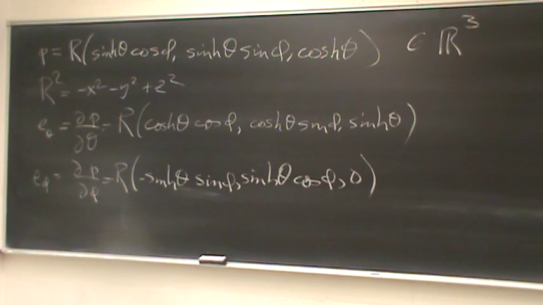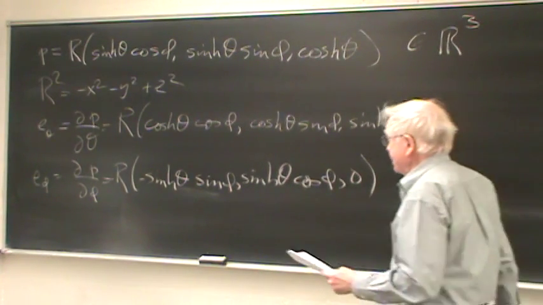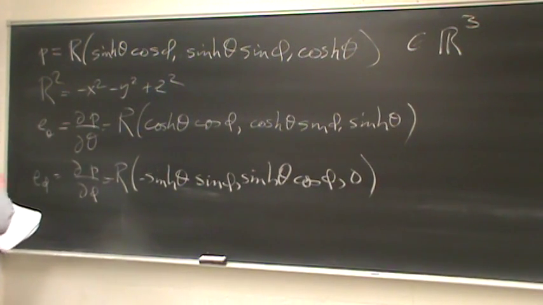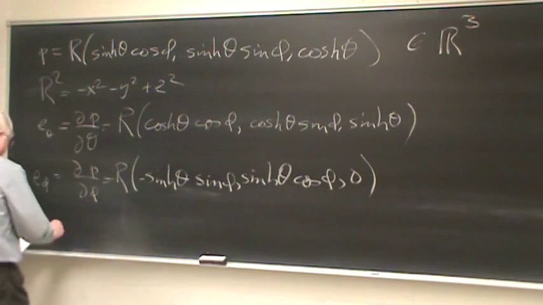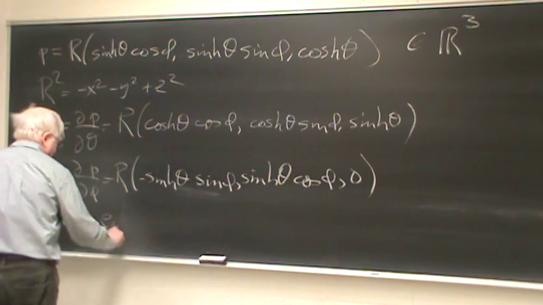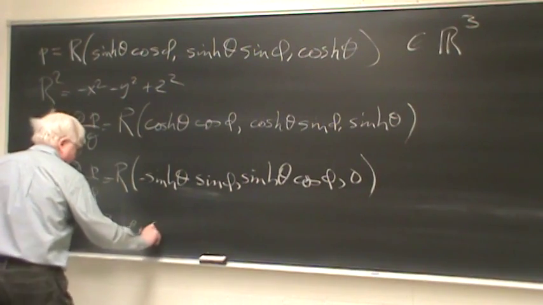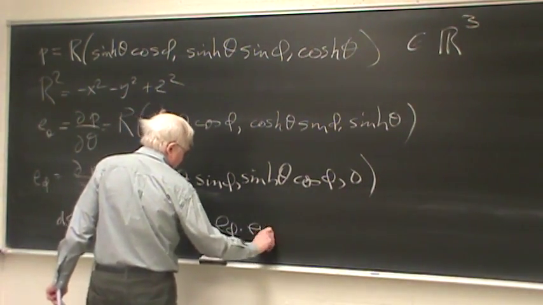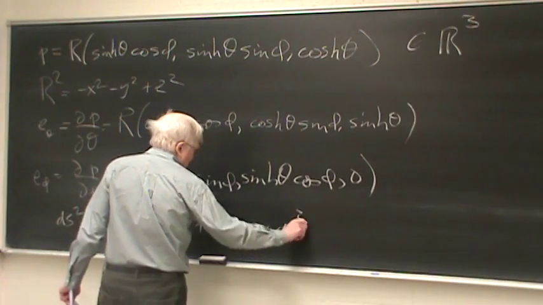But now here's what's interesting. The squared distance between points is ds squared, and so this is e theta dot e theta squared plus e phi dot e phi squared.